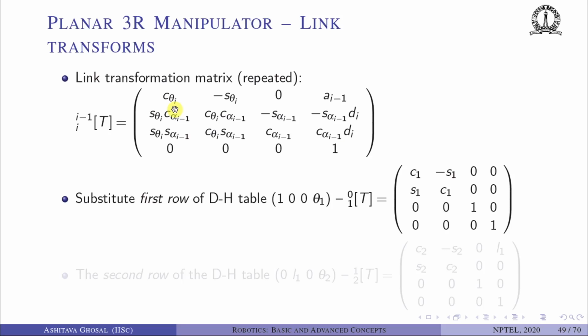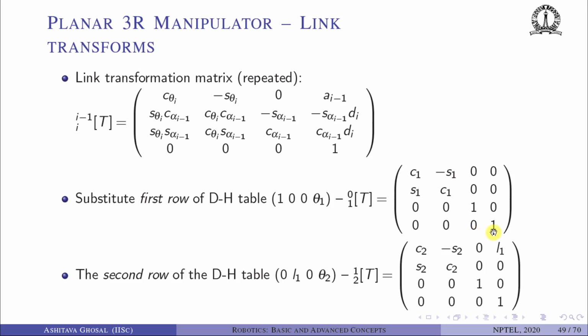C alpha_{i-1} is 1 because alpha_{i-1} is 0. So the second row will be S1 C1 0 0. The third row is 0 because sine alpha_{i-1} is 0. So 0 0 1 0, and the last row for any link transformation matrix is 0 0 0 1.